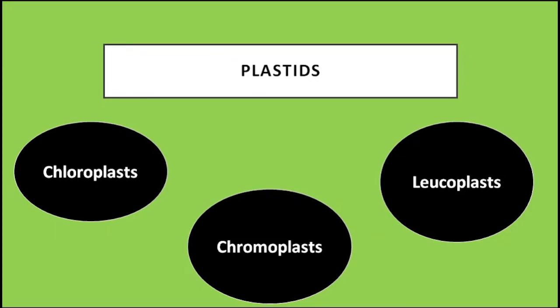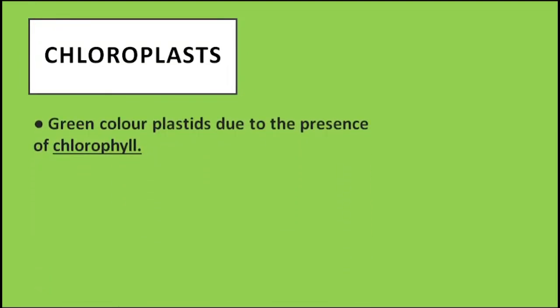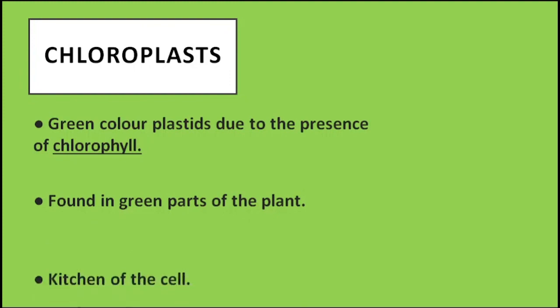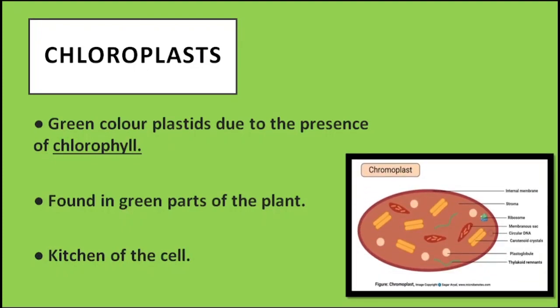The green color plastids, due to the presence of chlorophyll, is usually found in your green parts, especially your leaf, and it is known as the kitchen of the cell. Why is it known as the kitchen of the cell? Because the food is prepared over here. Then next you will see the picture of the chloroplast.